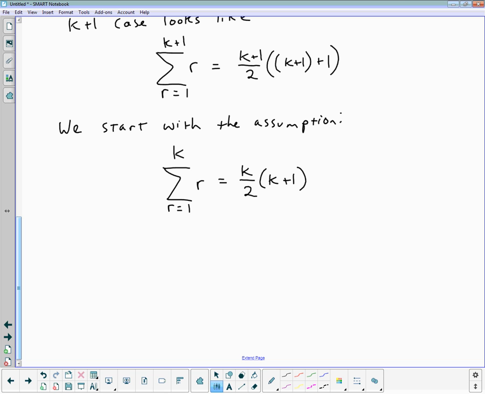Now, the trick here is to know how to change that upper bound, because that's really what you're wanting to do. Nothing else on the left-hand side is going to change except the k is going to go to k plus 1. So, let's think about this for a second.